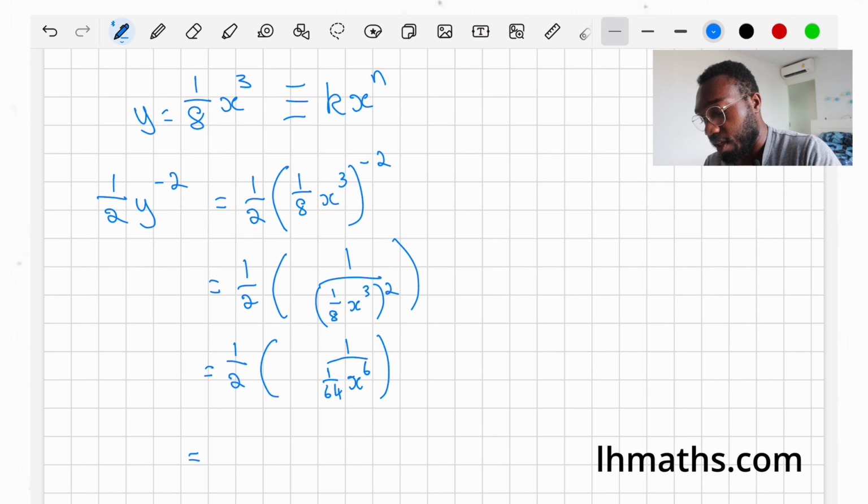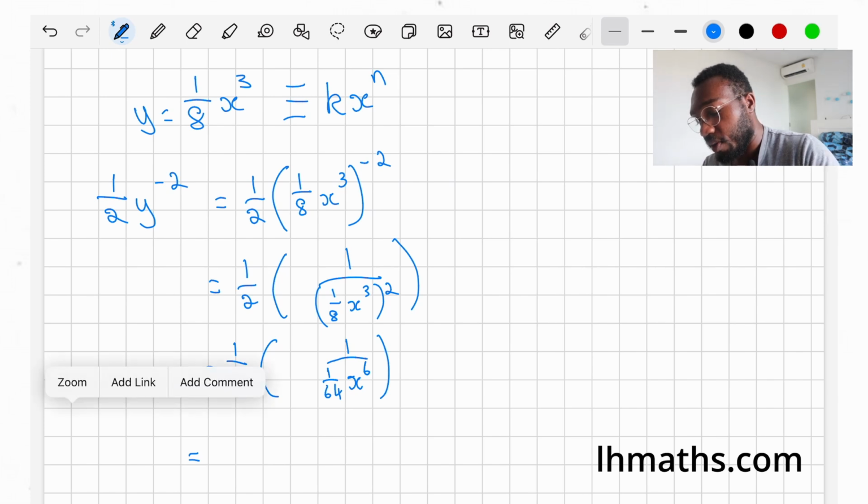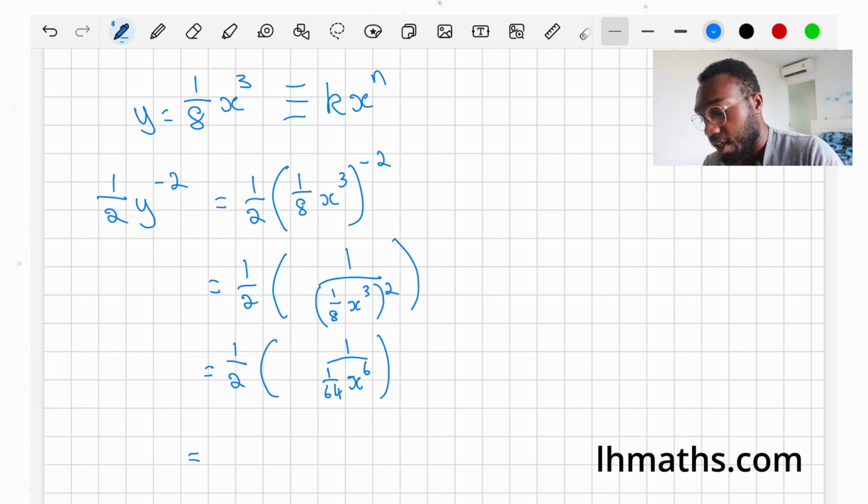It looks a bit weird, but what we can do in this situation is, because we have a 1 divided by 64, we can actually flip the fraction. So what that means is we end up with 64 x to the negative 6.